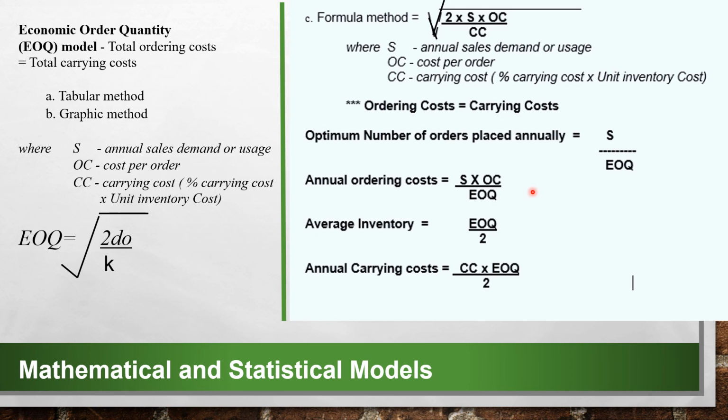The average inventory is EOQ divided by 2, and our annual carrying cost is the carrying cost multiplied by the EOQ divided by 2.